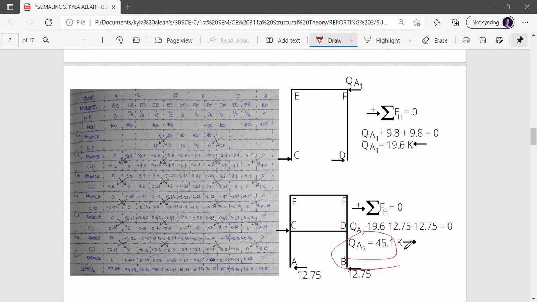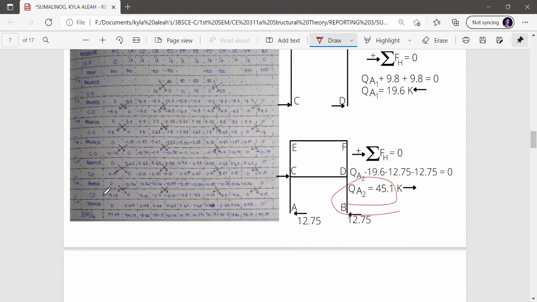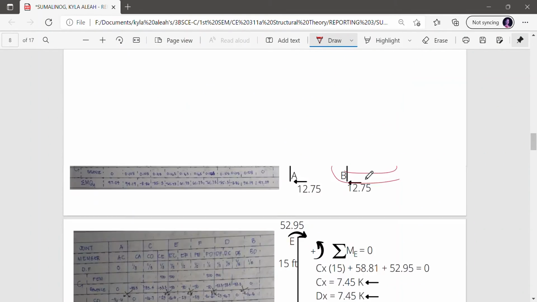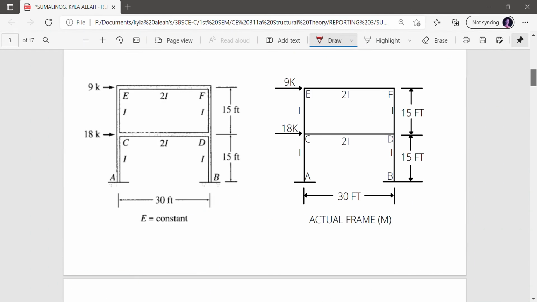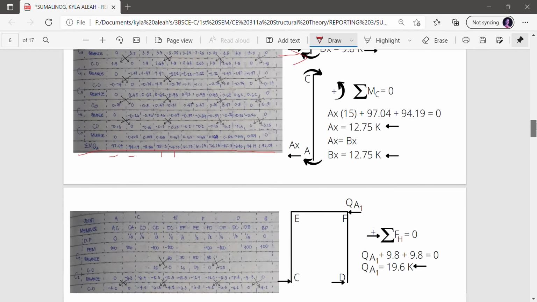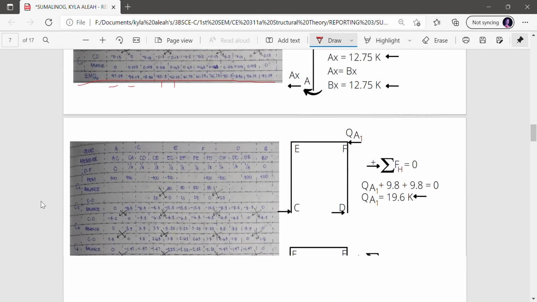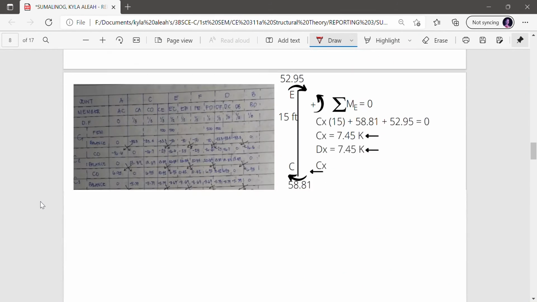Those are all the summations of the moments on QA. And remember, QA. Okay, let us proceed to the QB, or the frame subjected to QB moments.